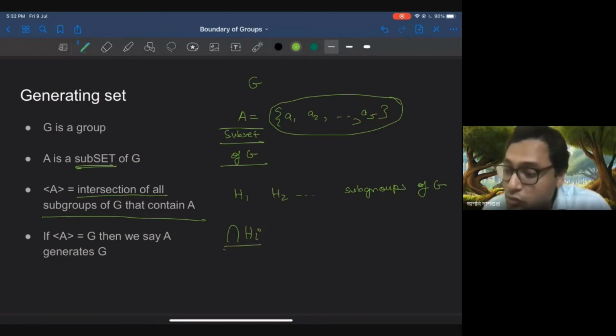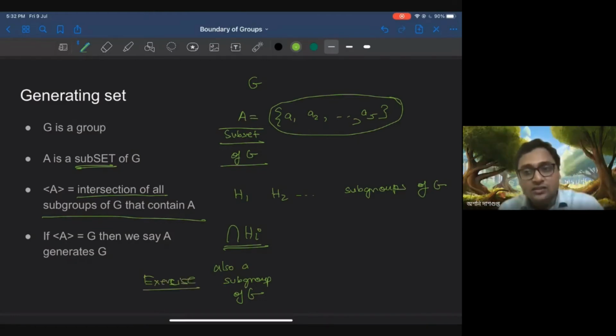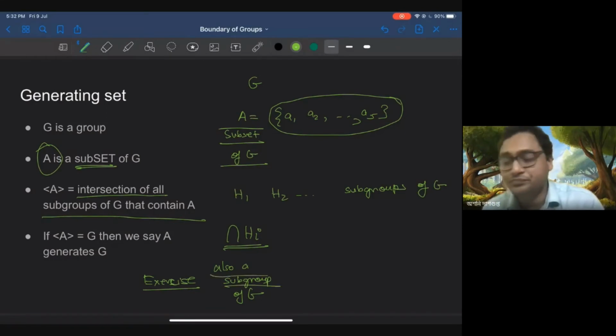That is also a subgroup of G. Now this is an exercise problem you can try: if you take the intersection of all the subgroups of G that contain the elements of this set, you get a subgroup of G. This subgroup is written like this, angle bracket A.